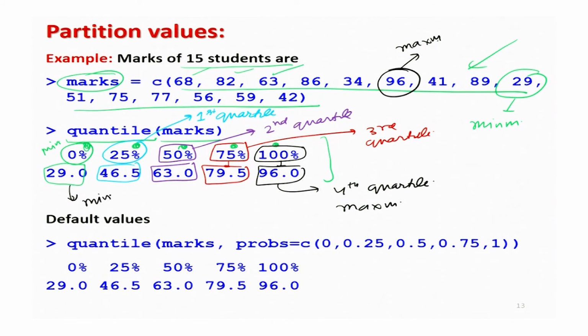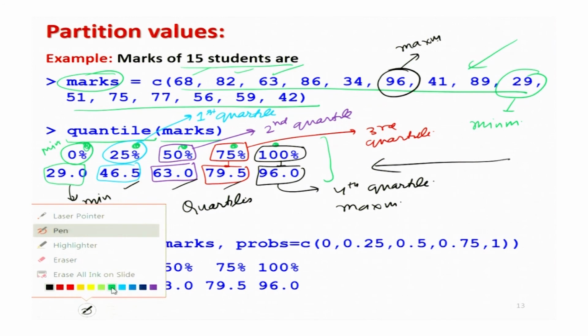So the data between the minimum and the maximum has been divided into 4 equal parts, and these partitionings are happening at 46.5, 63, 79.5. This is how we read this outcome and understand the values of these quantiles, which are actually giving you the quartiles. Now, when I am not using the command probs, it gives you this type of outcome.